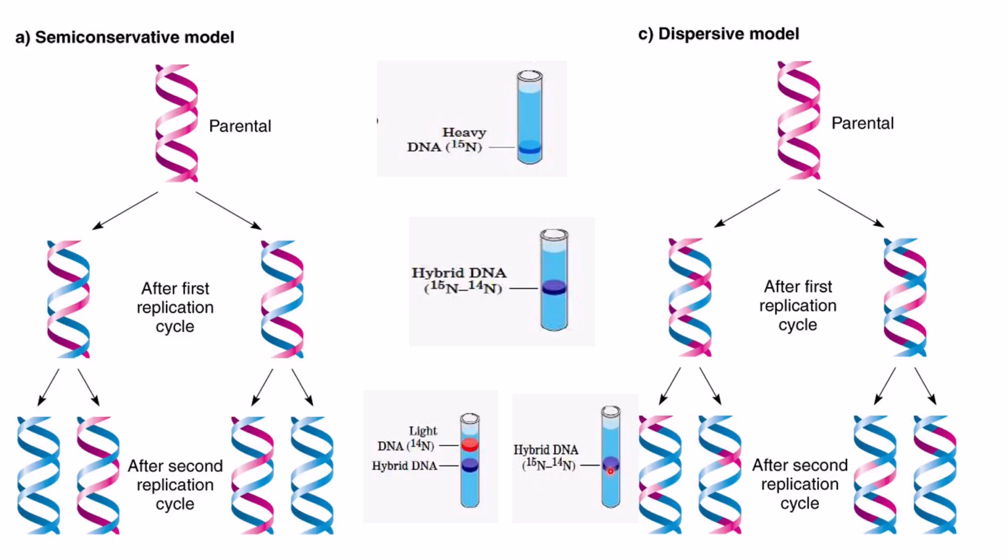However, this band would not be a sharp band as this, but it would be a dispersed or a slightly broad band. When this experiment was carried out by Meselson and Stahl, it was found that the second generation DNA every time gave them 2 distinct bands, one of the hybrid DNA and the other of the light isotope of DNA. This should have completely ruled out the dispersive model of replication.